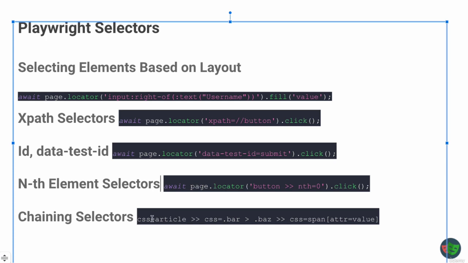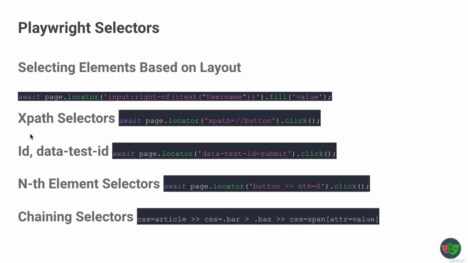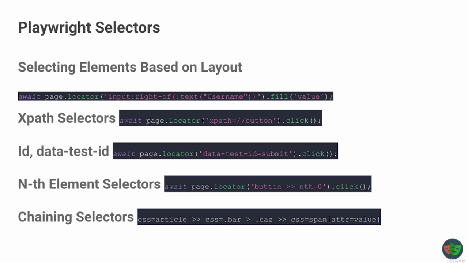In this case you have an article, then a class, then another class, then you find this span within those. So this is also a good option. Yeah, so I think combining these selectors will provide you with any solution you want. This is all about the selectors as an introduction.